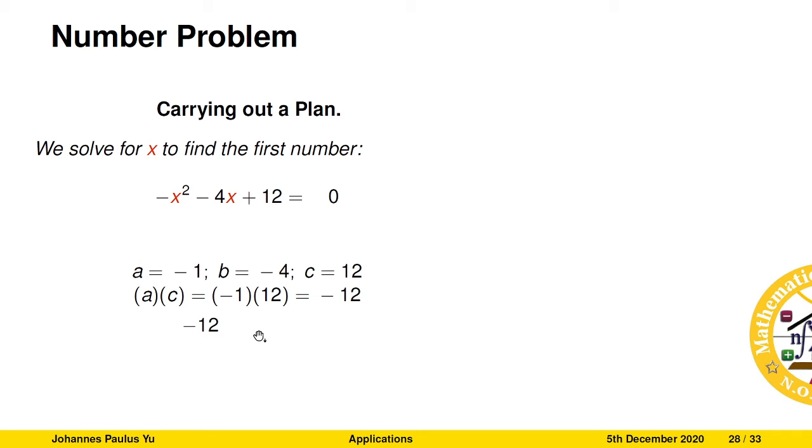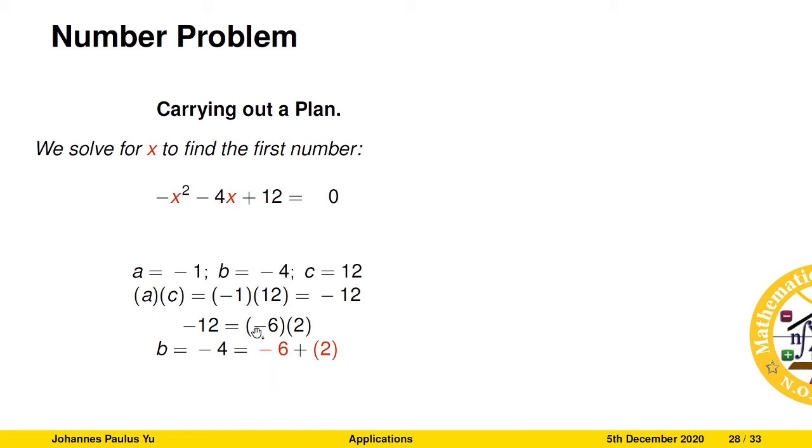Next, 2. Negative 6 times positive 2 is still negative 12. And negative 6 plus 2 will give us negative 4. So, nakita na nga ito ang gipangita. And that is negative 6 times positive 2. And the value of b is negative 4, which is equals to negative 6 plus 2.